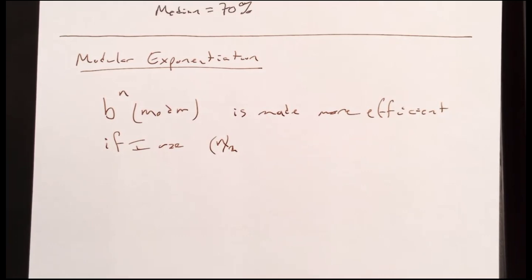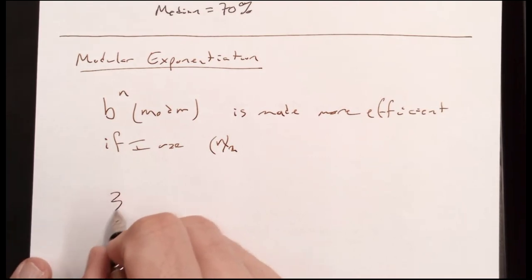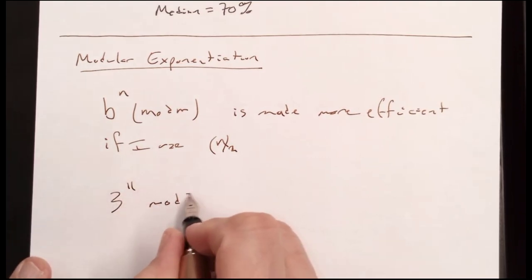Wait a minute. Why would that make a difference? Why would it make a difference if I use n in binary versus if I use n in any other base? The following can be done on your calculator. It's a small enough calculation, we can do it directly. I want 3 to the 11th mod 7.